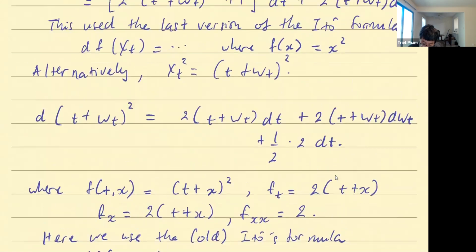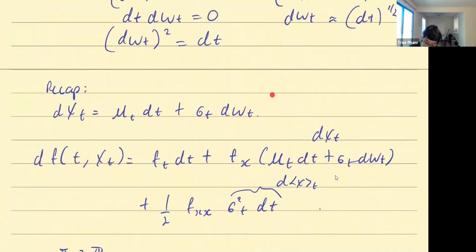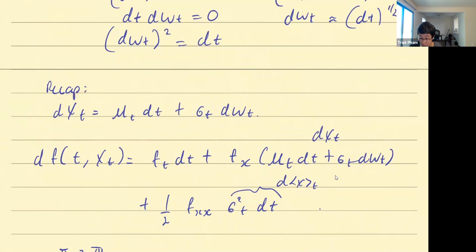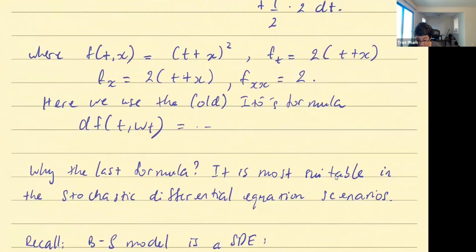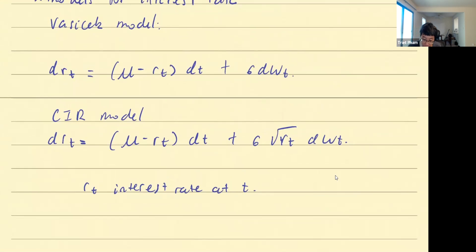Where did we introduce it? The concept of the Ito process to model the interest rate. So both of these models use the differential forms to model.